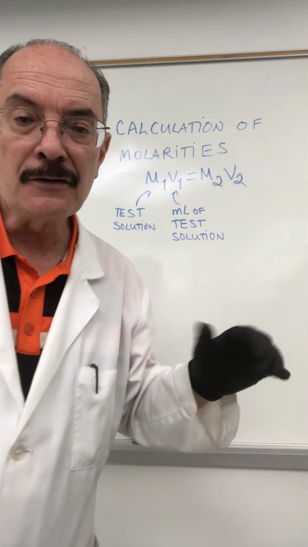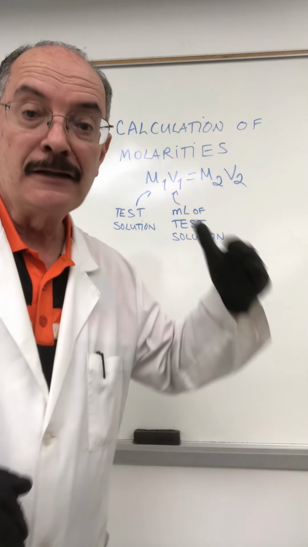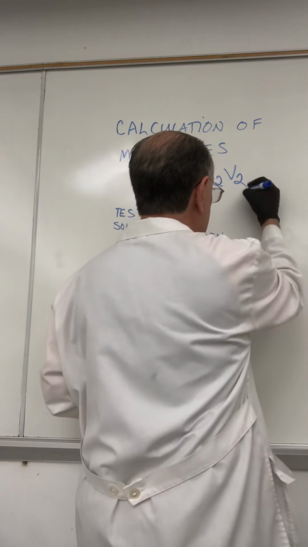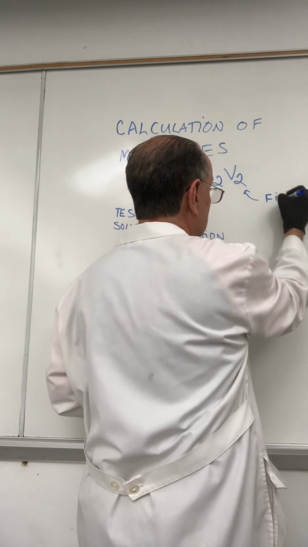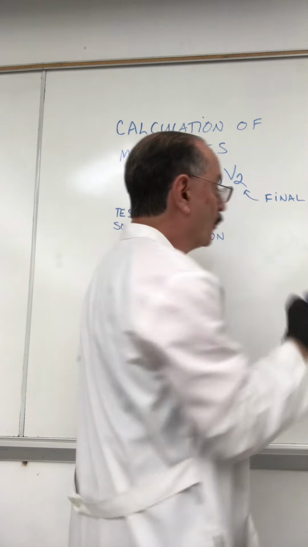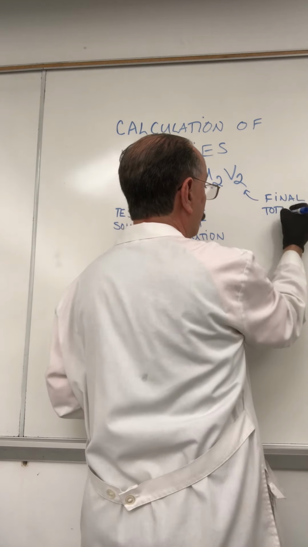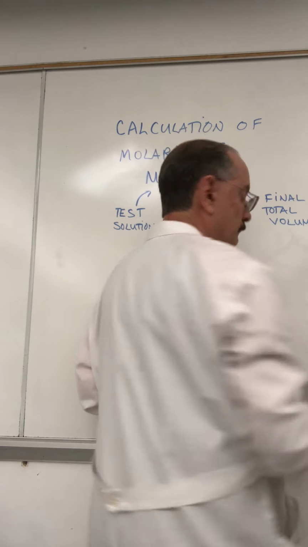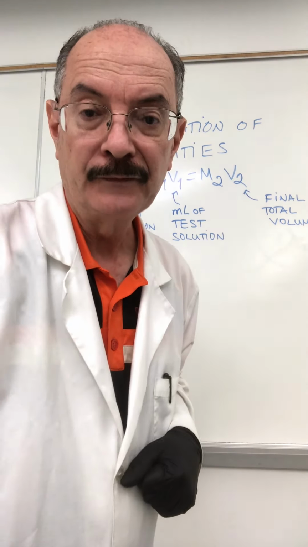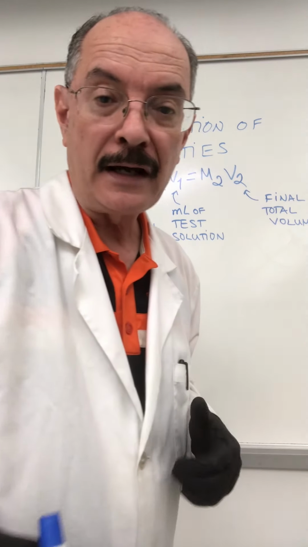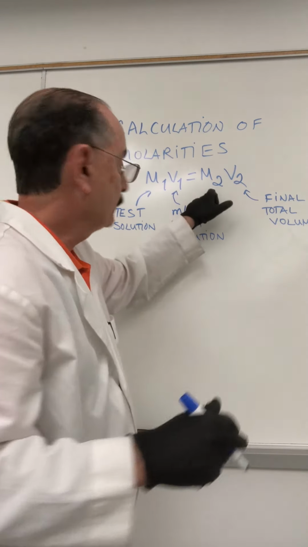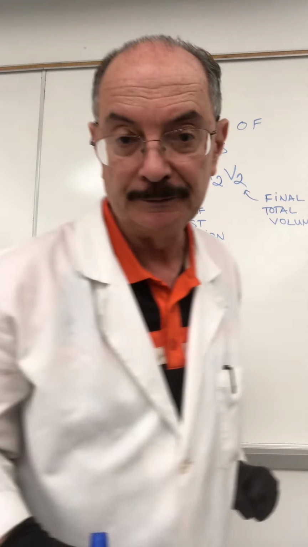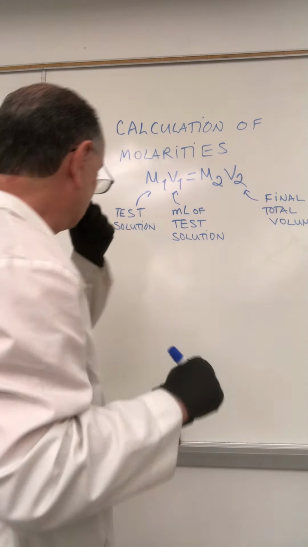V2 is not the volume of water, it's the final total volume of each test tube. So what is the unknown here? It's the molarity of the diluted solution. That's what we're looking for.